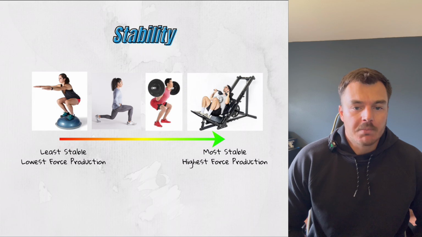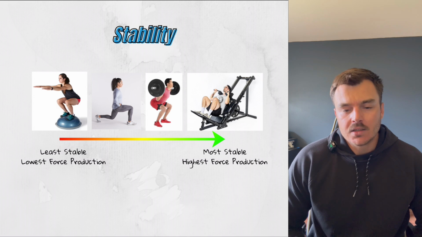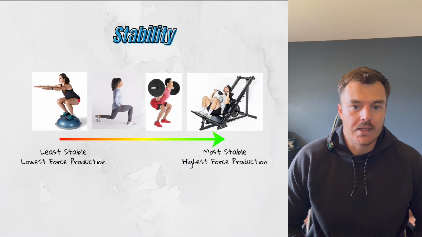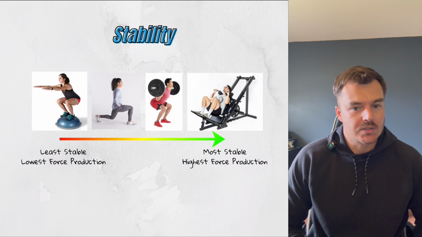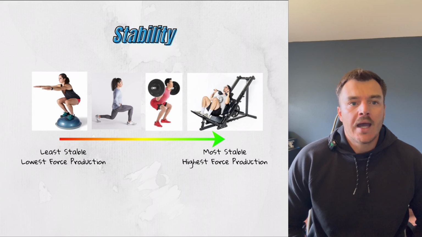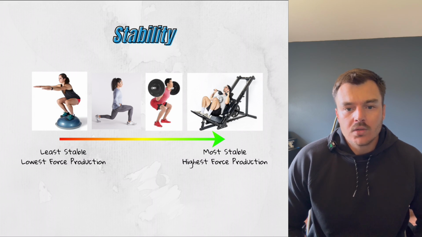So if you were doing a Bosu ball squat, the amount of balancing that you're having to do will basically make your brain not allow you to produce maximal force because it wants to focus on balancing more, right? As you get more stable, you can produce more force.